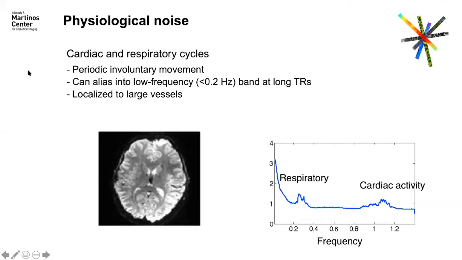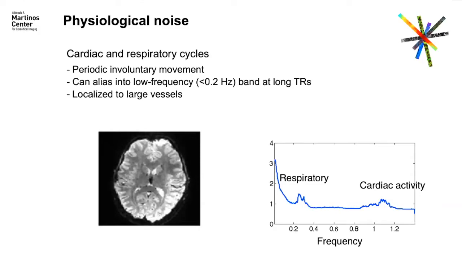Then another subject-related noise source is physiological noise. It's related to the cardiac and respiratory cycles of the body, and those can also cause periodic involuntary movement.